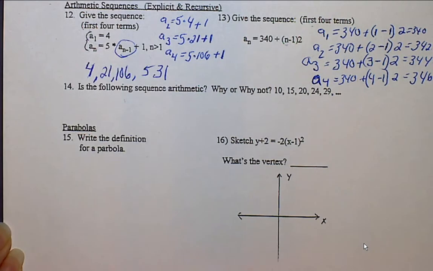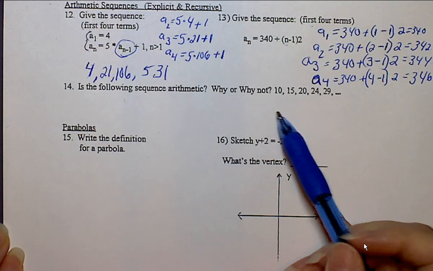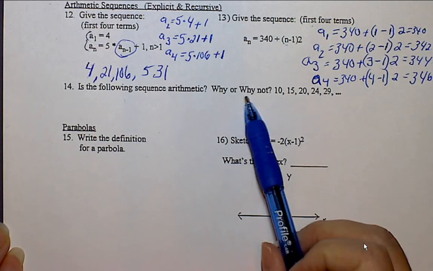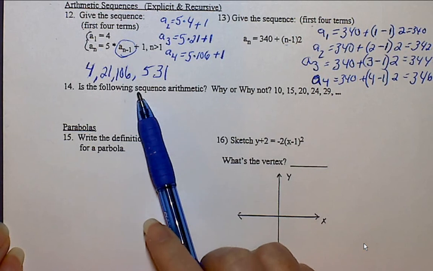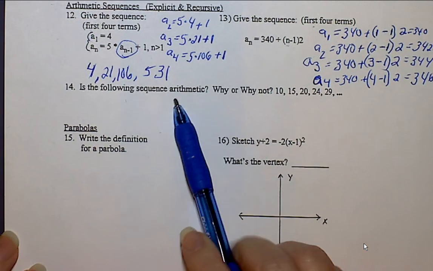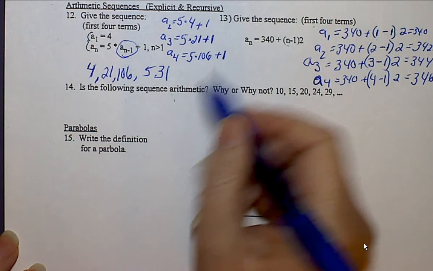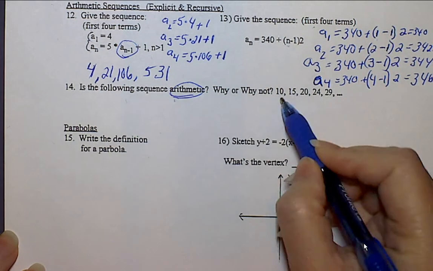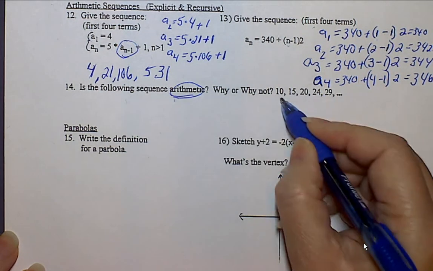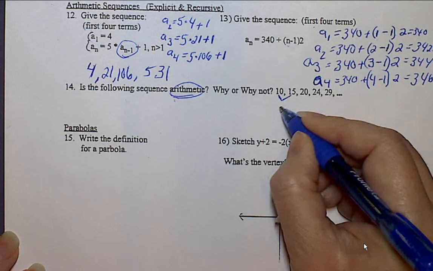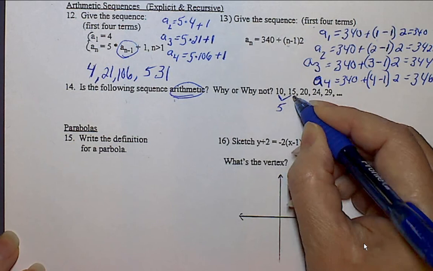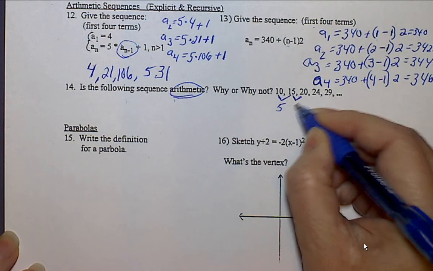Alright, now it says, why or why not, is the following sequence arithmetic? Remember, arithmetic means add the same number each time to get the next number. So here we have 10 goes to 15, that's 5. Then we have 15 to 20, you add another 5.